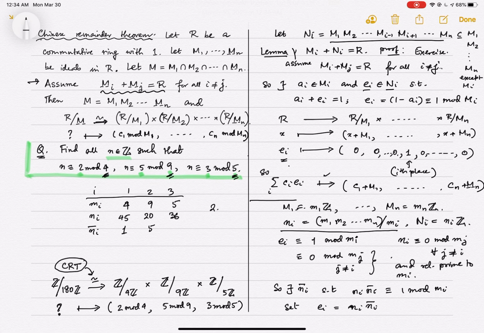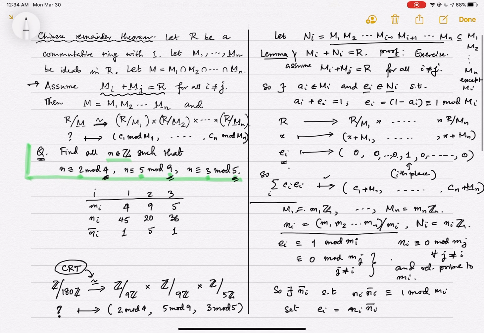And 36 is 1 mod 5, luckily. So again, the inverse of 1 is 1. Yeah. So you see 45 times 1 is 1 mod 4. 20 times 5 is 1 mod 9. And 36 is 1 mod 5. So the e_i's are the products 45, 100, 36.